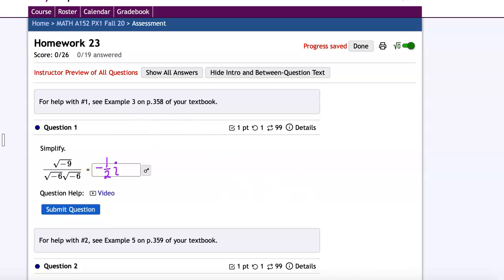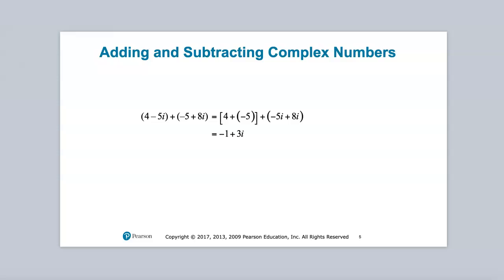Okay, so then moving back to the PowerPoint presentation, we want to look at how to add and subtract complex numbers, which is really easy. You just need to add, or if this is a subtraction sign, subtract the real components separately from the imaginary component. So you see that 4 plus -5 is -1, -5I plus a positive 8I is a positive 3I.